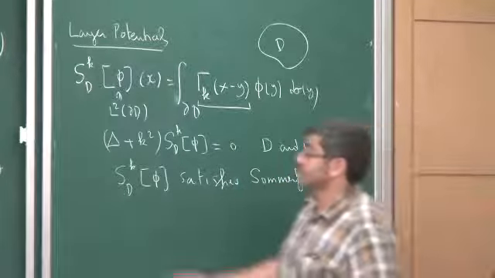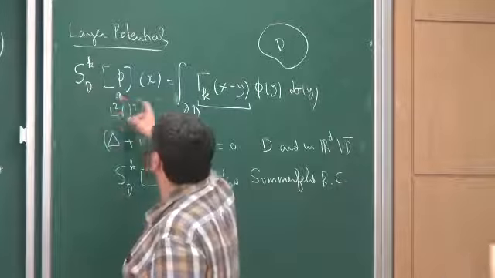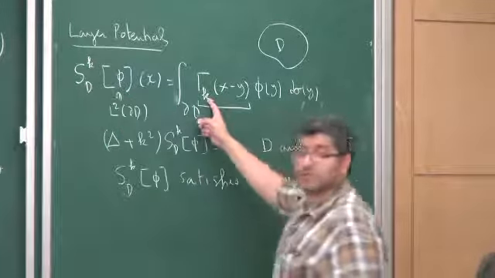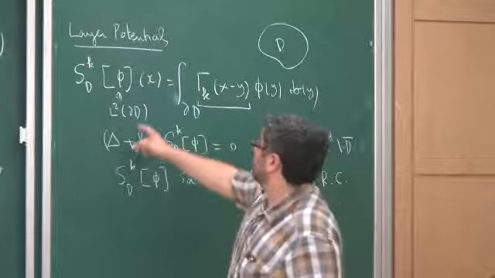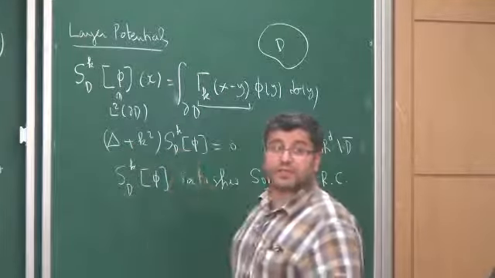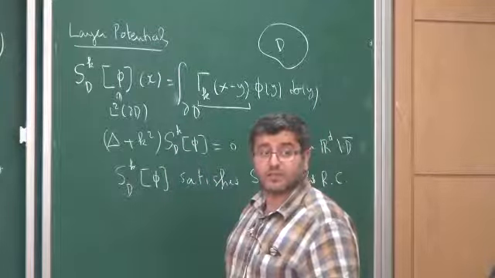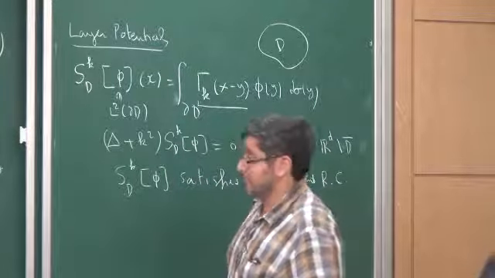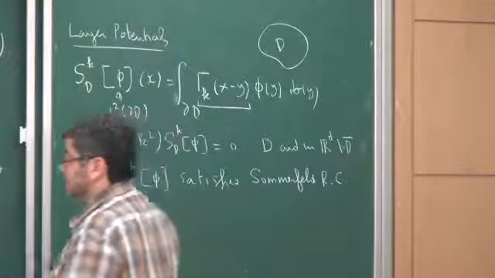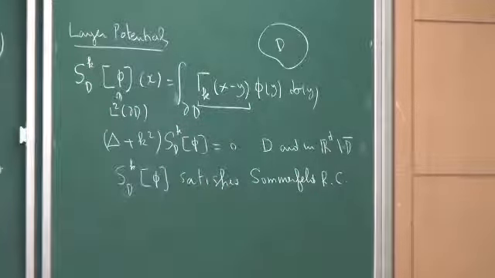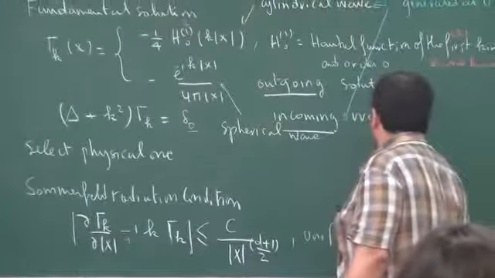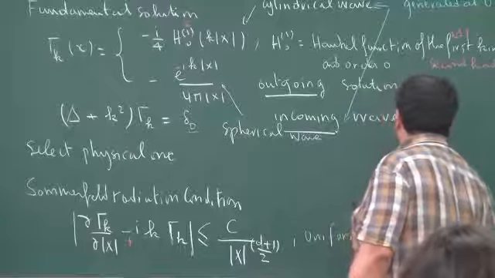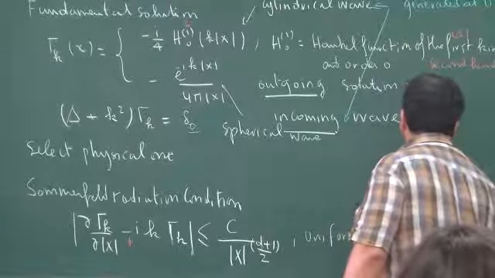If you take the derivative of this with respect to x, it is the derivative of gamma with respect to x. We subtract minus ik times this, and minus ik times this, so it will satisfy the radiation condition. This radiation condition is actually uniform with respect to directions, x over |x|.